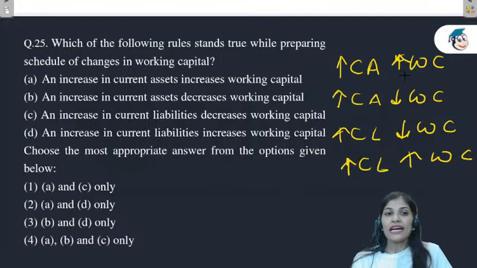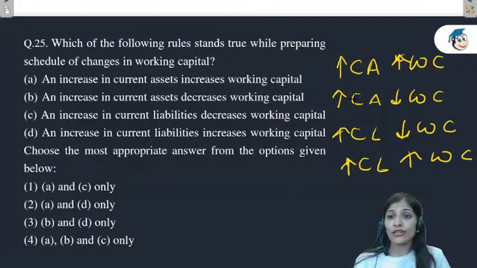C. Any two can be correct. If this is correct, then this cannot be correct. And this cannot be correct. So A and C will be correct. And if B is correct, then D will be correct. Right? So, first of all, we need to understand the concept.